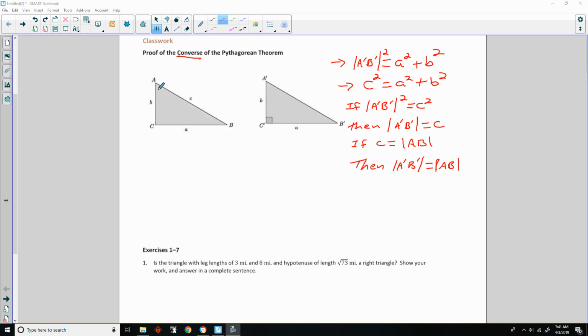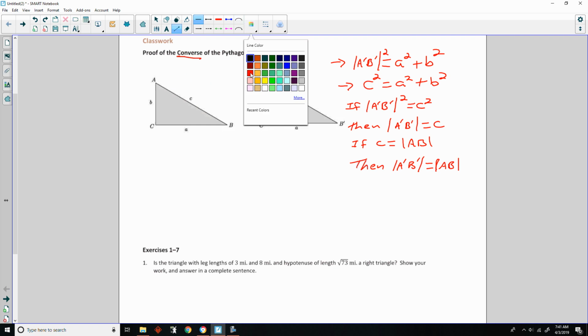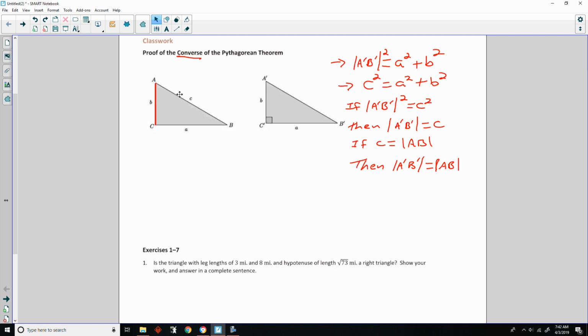What I'm saying is, just because I can translate this over here doesn't mean it has to land right there just because they're congruent. What if I rotated it and it was like this? Still the same length, C maps to C prime, but A maps to a different location that we could call A double prime.